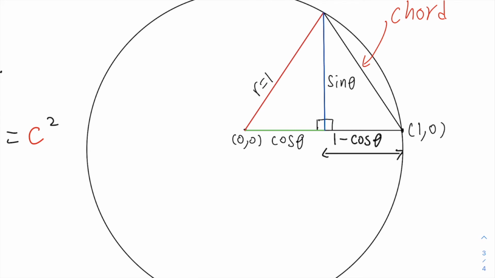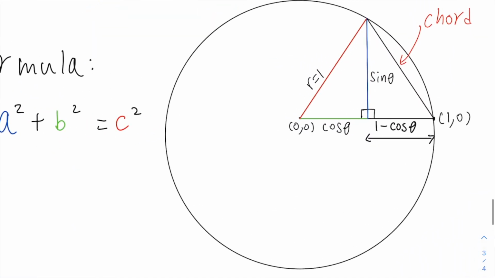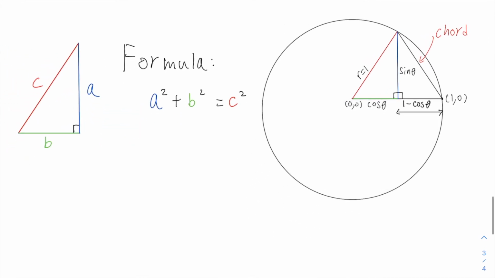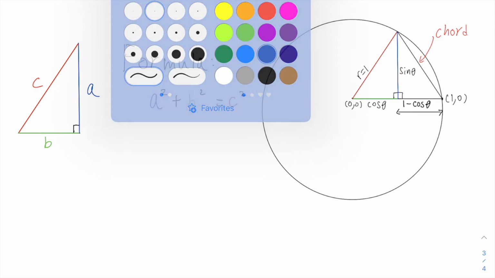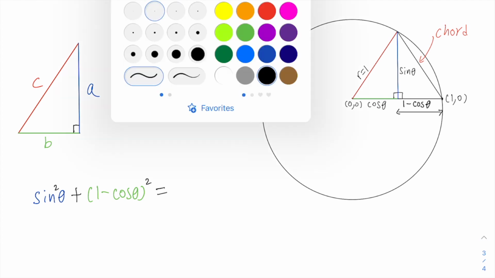And using the Pythagoras, you are able to write it as sine theta squared plus 1 minus cosine theta squared equals chord squared.